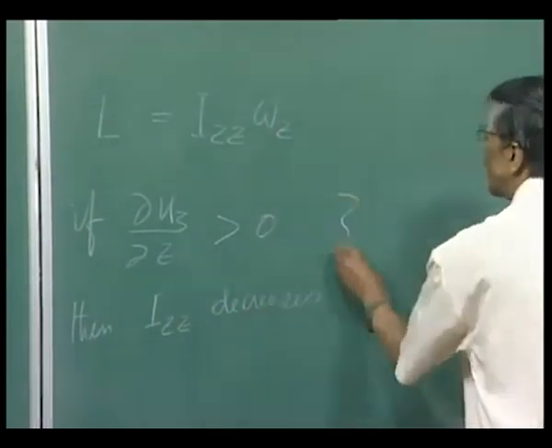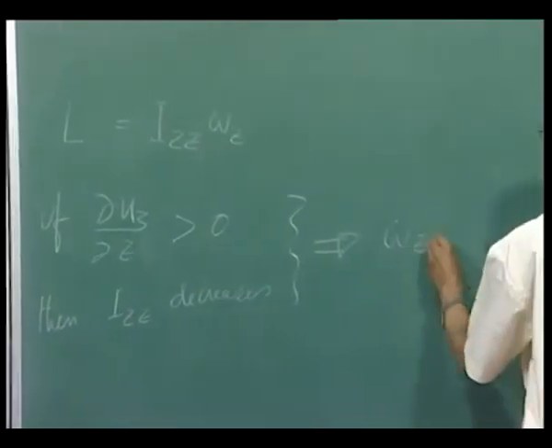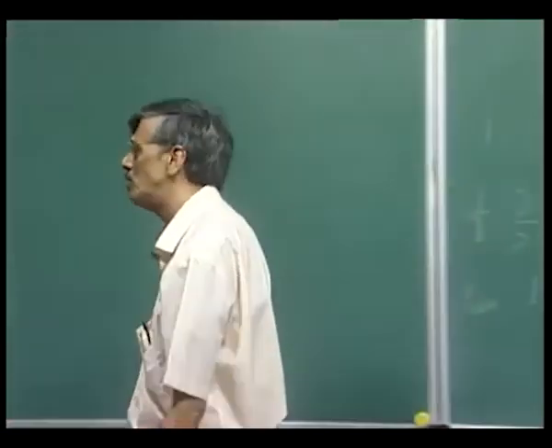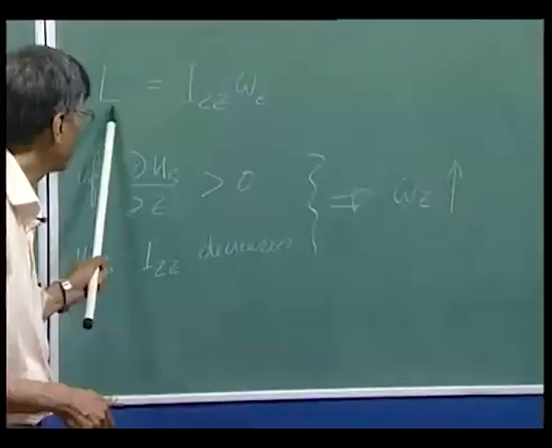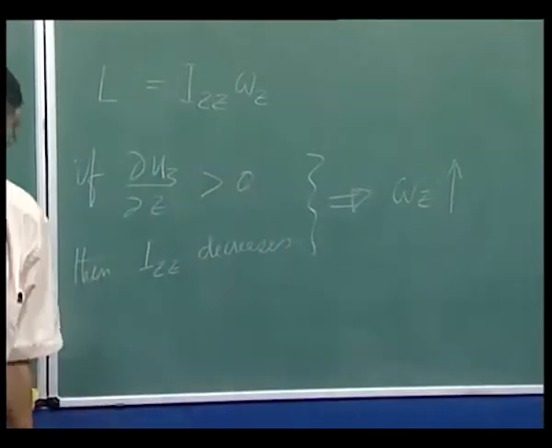As a consequence, omega z is going to increase. So, this is the consequence of that vortex stretching term, because to maintain the angular momentum conserved, if I zz comes down, this must go up.